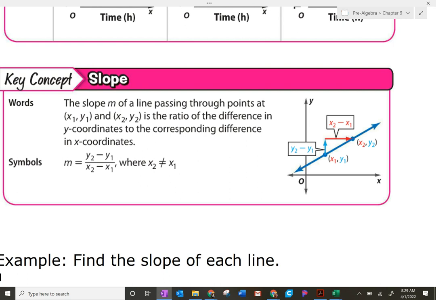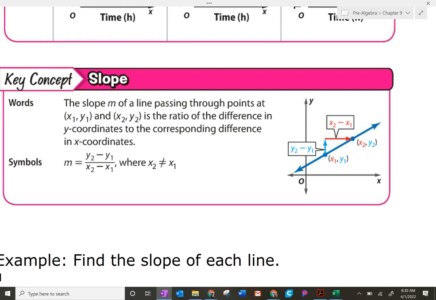The formula that you will need to use today and a lot next week, and there's a good chance you'll see it on your ISASP tests as well, is this one here. My slope: when we say slope, m is a fancy math letter for slope. There's a couple letters that always have a specific name, and if you ever see m, it's pretty much always referring to slope.